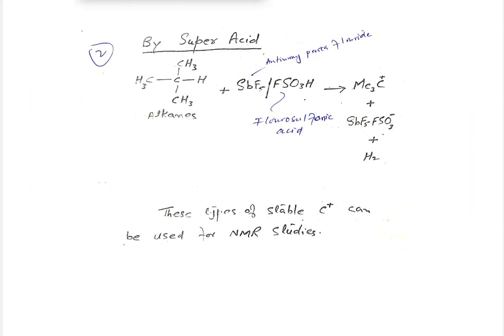The second method of carbocation formation is using superacid. This is another kind of acid. In the previous case we were using Lewis acid, whereas in this case we are going to use superacid. Superacids are basically very unique kinds of acids.